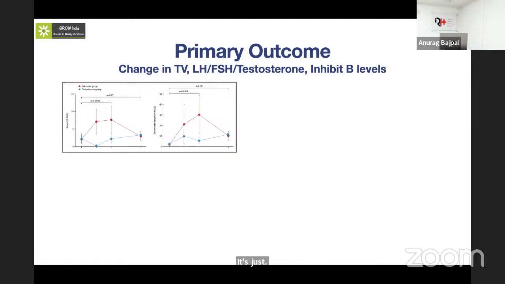However, after stopping the intervention, the levels were comparable in the two groups. Similarly, if we look at the LH levels, there was a slight dip in the LH levels after the first injection with testosterone. However, aromatase inhibitors showed higher LH levels during the intervention arm, and finally they both ended up having the same LH levels after stopping the intervention.